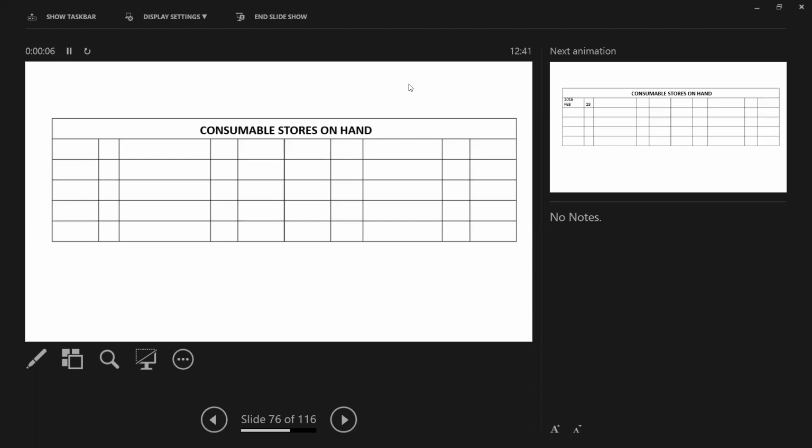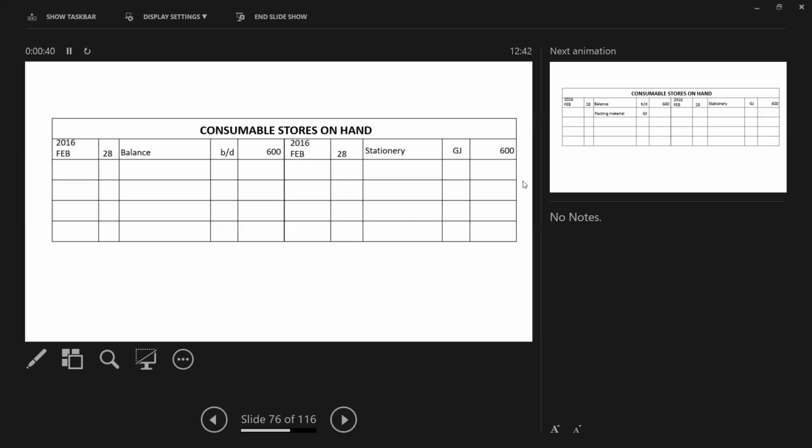When it comes to consumable stores on hand, we had a balance brought down of 600. That should be reversed and put into the stationery account. This is what the bookkeeper failed to do. So now we no longer have consumable stores on hand at the beginning of the financial year. We should only have consumable stores on hand that relate to expenses that were unused in the current financial year.